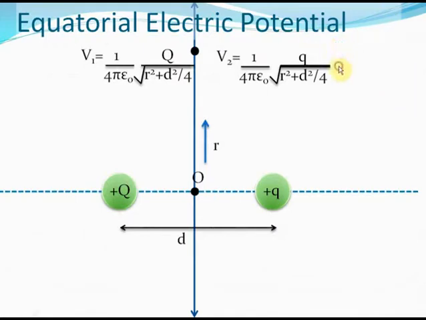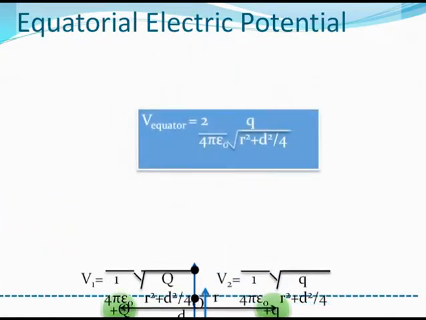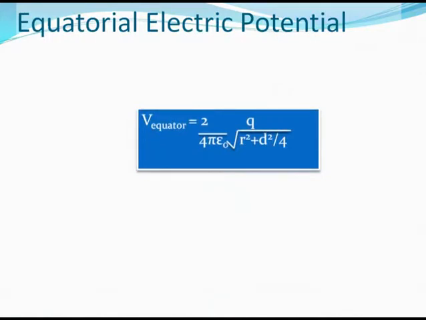You can then add up V1 and V2 to get the net electric potential at the equator of the two charge system. In the case when the two charges are identical and positive, say equal to plus small q, you could simply double the equatorial potential due to one single charge and say that the net equatorial potential due to both the identical charges is 2 times q by 4 pi epsilon naught into 1 by square root of r square plus d square by 4, isn't it?